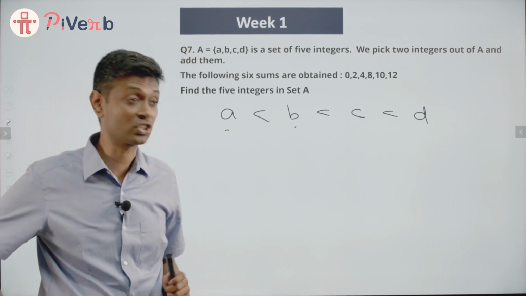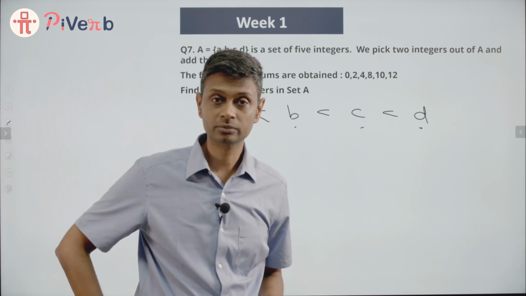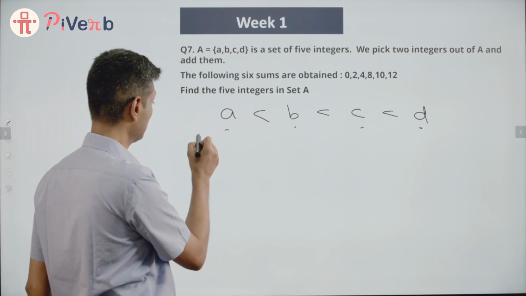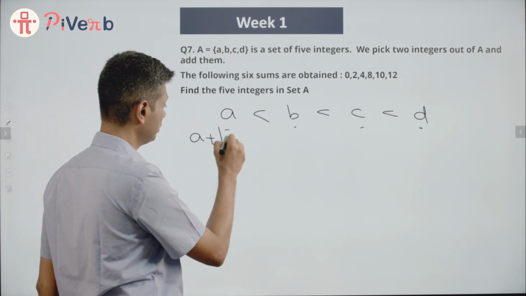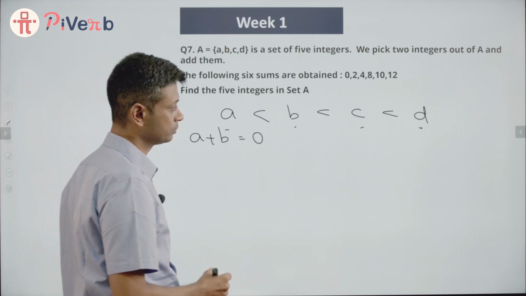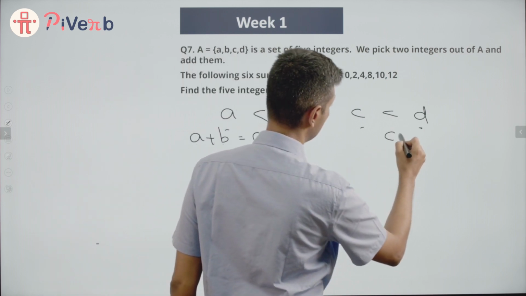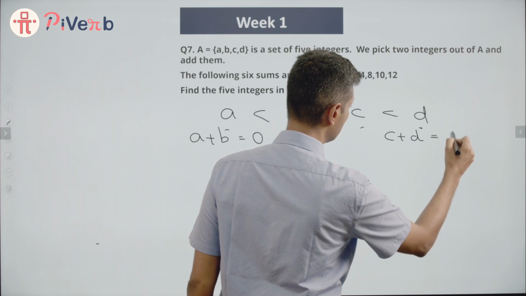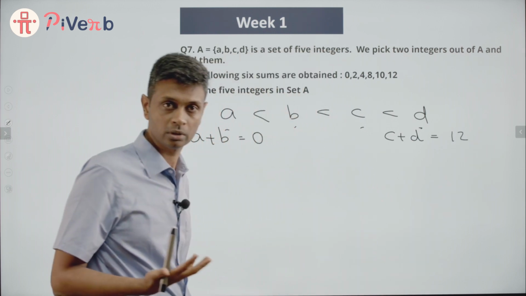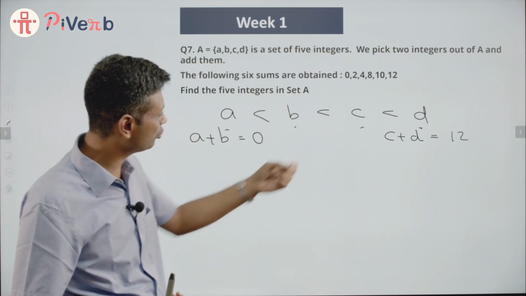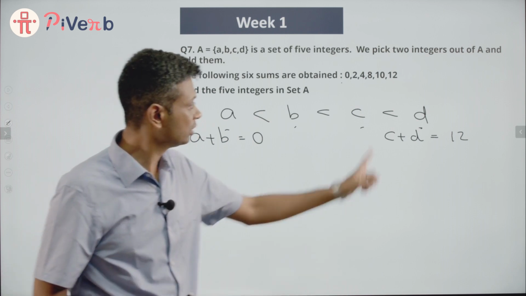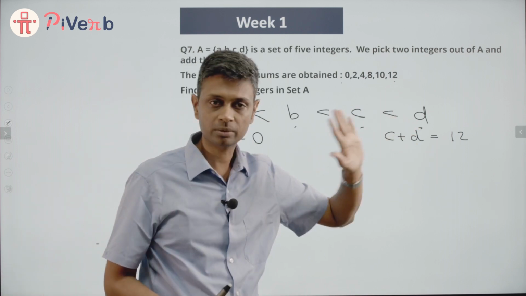When will my total be the largest? When I'm adding these 2. So straight away I know A plus B is equal to 0, and C plus D is equal to 12. These 2 add up to 0, the smallest sum. These 2 add up to 12, the largest sum.